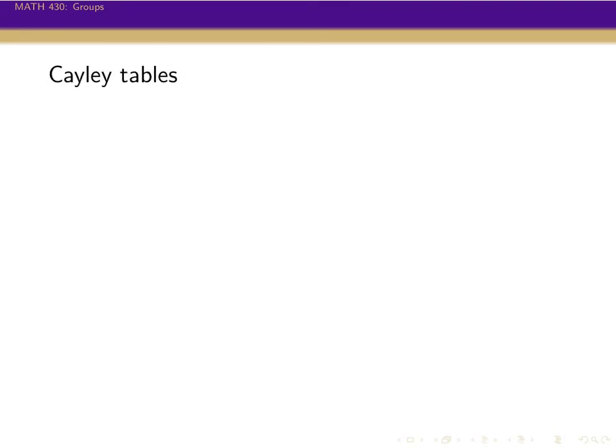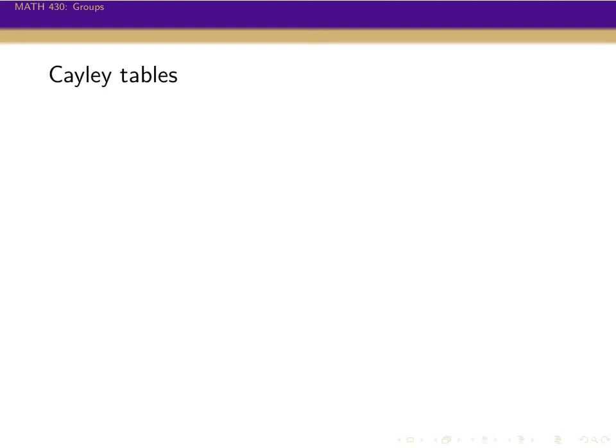Okay, so for any group, in particular finite groups, so groups that have only finitely many elements, we're often going to look at what's called the Cayley table for the group. The Cayley table is a table that lists out all the possible ways to apply the operator to two elements.